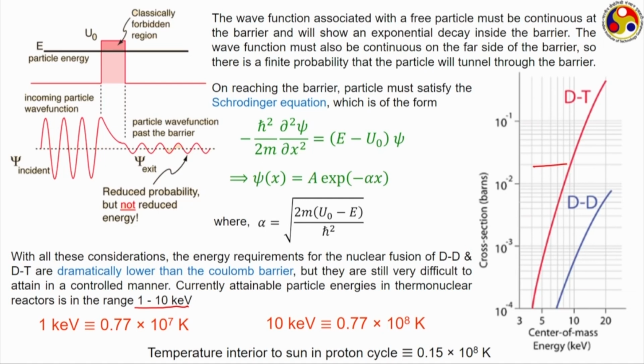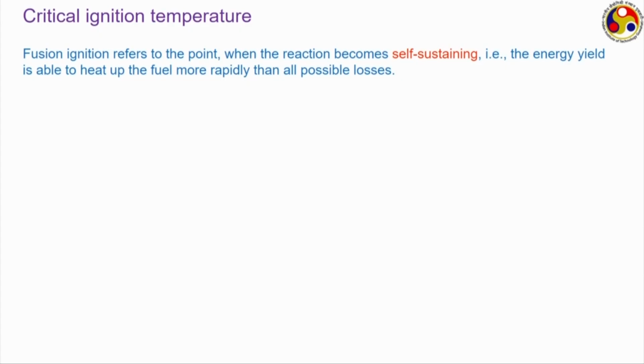So despite all these corrections and advantages that we are getting because of the tunneling effect, the temperature requirement is still extremely high, and can be higher than the temperature inside the sun, even to get a 10 keV energy level. So, the temperature requirement is the biggest issue in order to facilitate a fusion reaction.